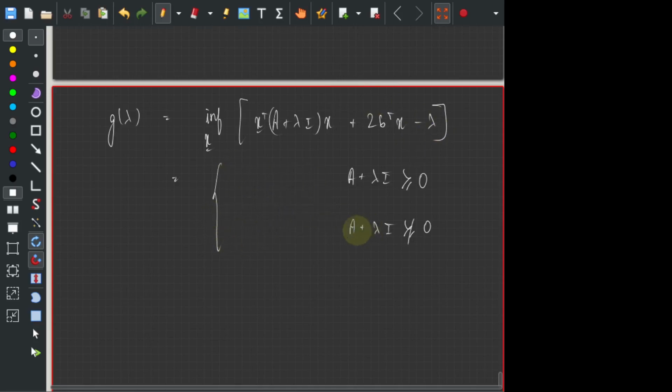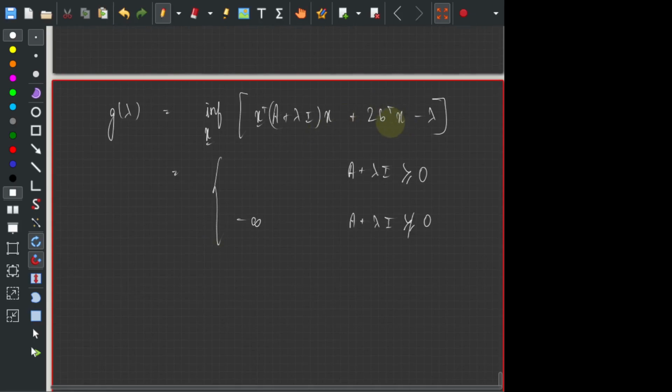So if A plus lambda I is not positive semi-definite, then the infimum is equal to minus infinity. The first term is negative, and the second term can be made negative too. You can always choose the negative of that particular x. If b transpose x is positive, then you can take minus x.